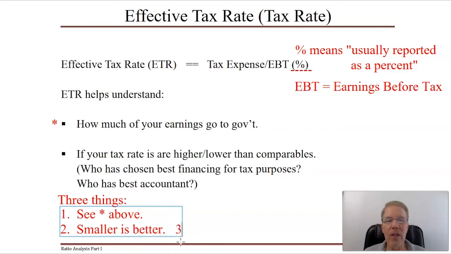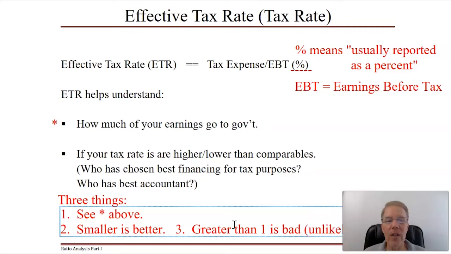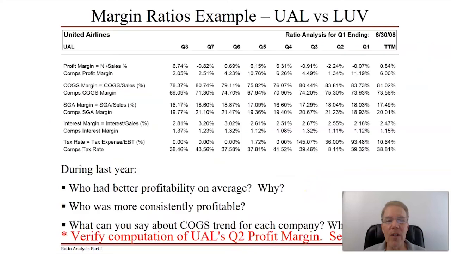And for number three, there's really no good knife edge. I mean, you could say your tax expense equals your earnings before tax. That's unlikely. So we could say greater than 1 is bad, but unlikely. All right, so that's it for effective tax rate.